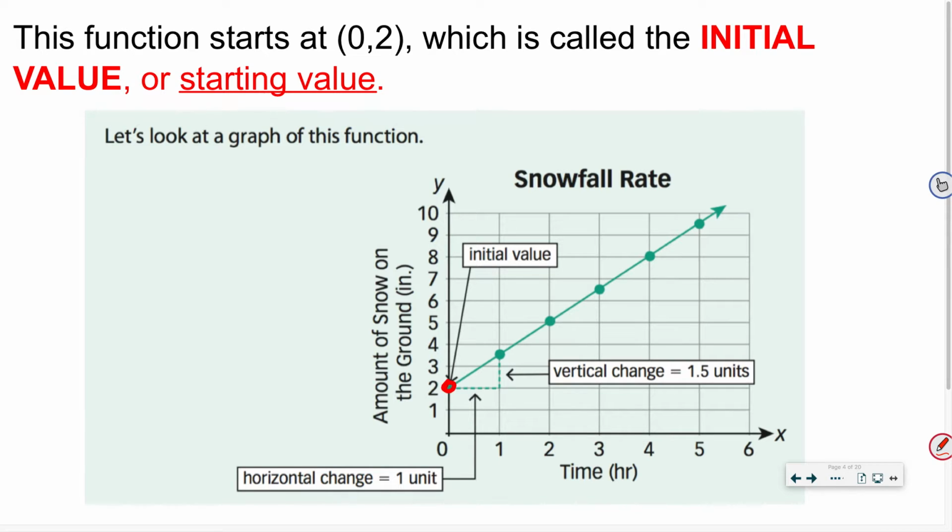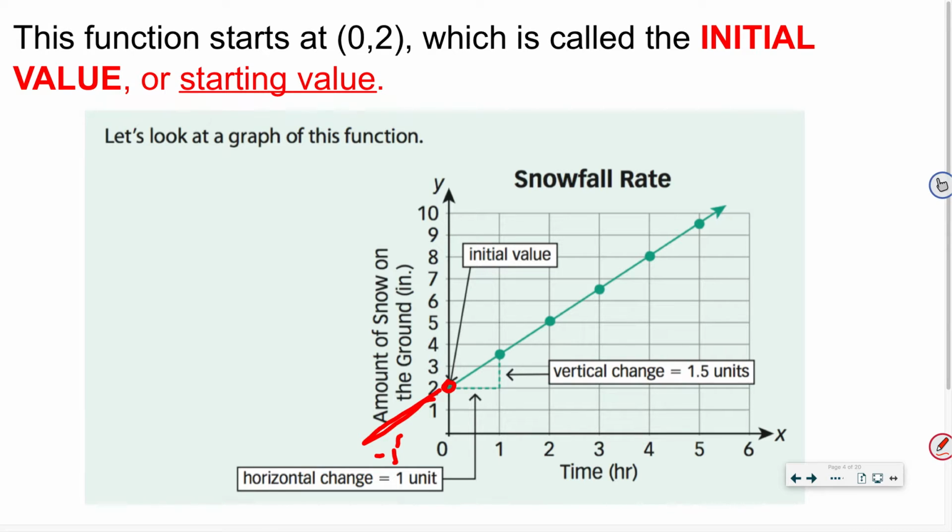Because this is a function and it's representing snowfall and hours, why can we with confidence say that that is the first value in this situation and that we don't have values back here where x is -1 and x is -2?